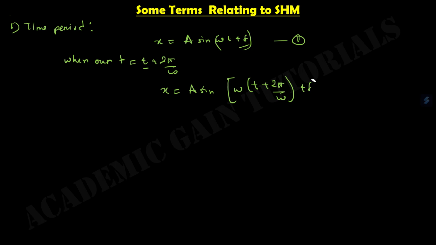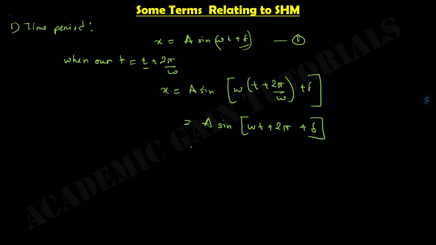Okay, so this will actually equal a sine(omega t plus 2 pi plus del).